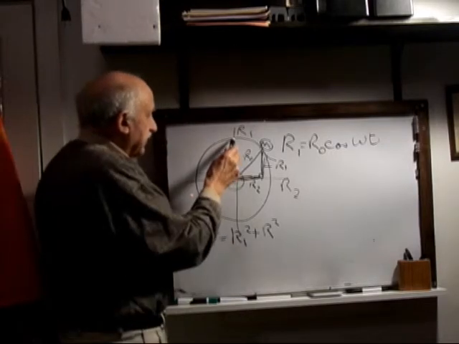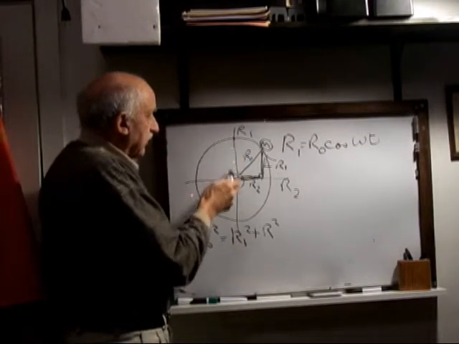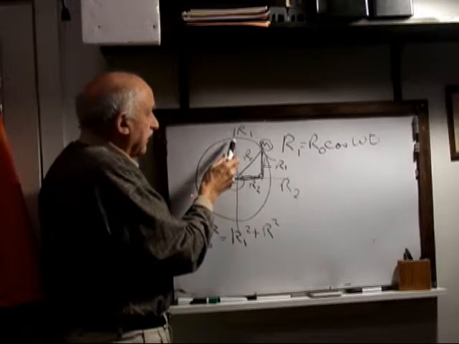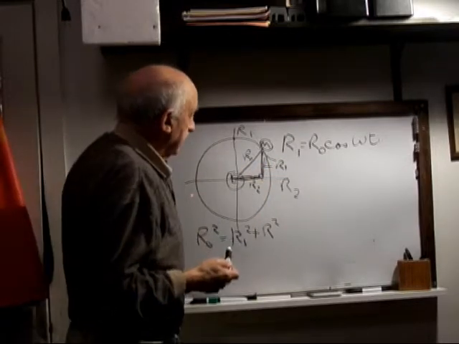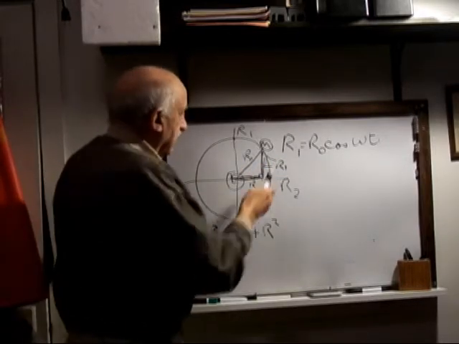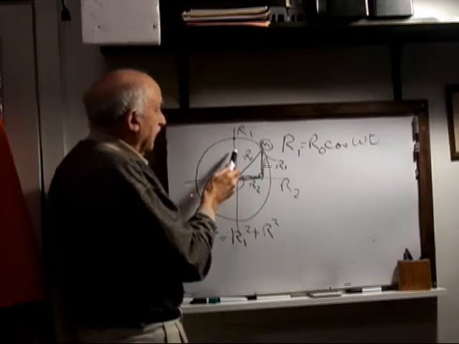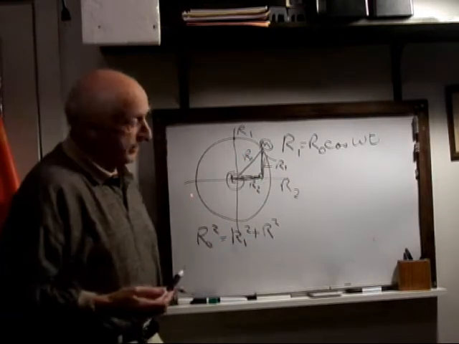This is with the origin at this point here, so that at time 0 the value of the cosine of 0 is 1, so that the value of R1 is the same as R0.